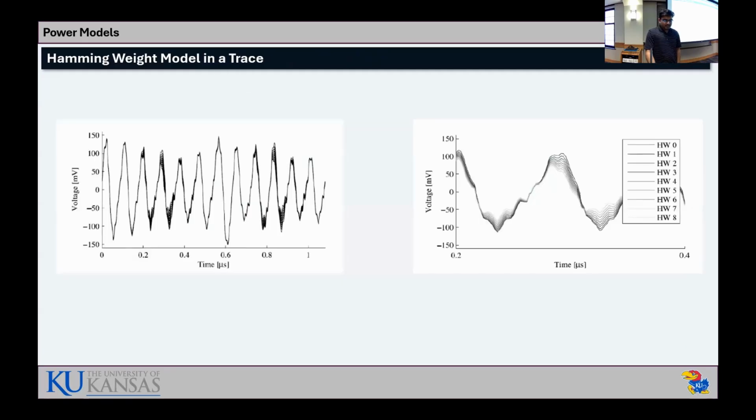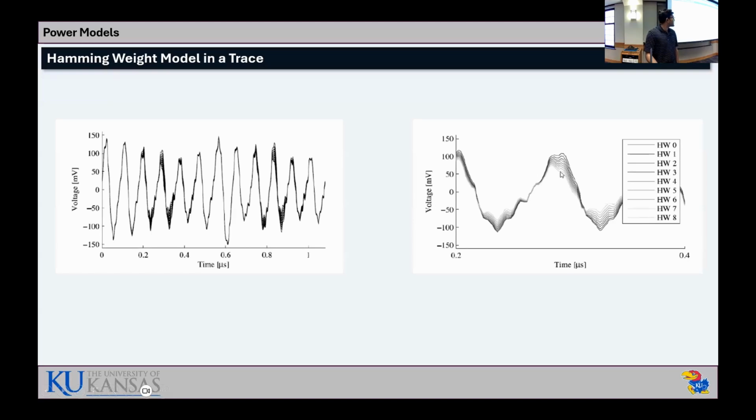And this is a real trace. Suppose you are doing the same operation multiple times, but with different inputs. Suppose first your Hamming weight was 0, and then you increase the Hamming weight. When you increase the Hamming weight, see that the power consumption in the trace is changing also. Got it?